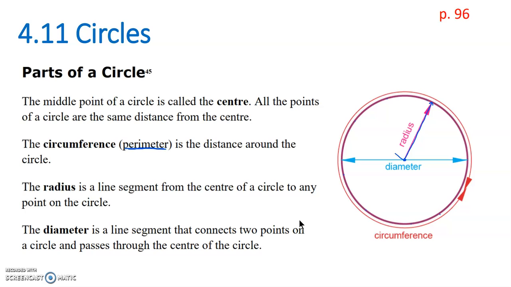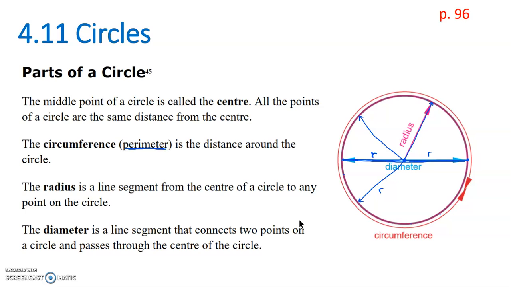So that radius can be drawn in any direction from the central point outwards. The diameter is from one side of the circle all the way across through the center to the other side. So you may notice that the diameter is made up of two radii: the radius from the outside to the center here, and the radius from the center to the outside here.